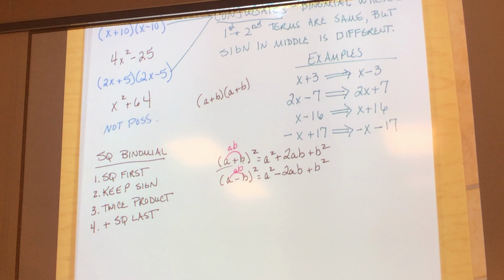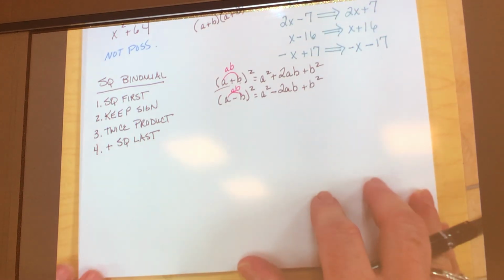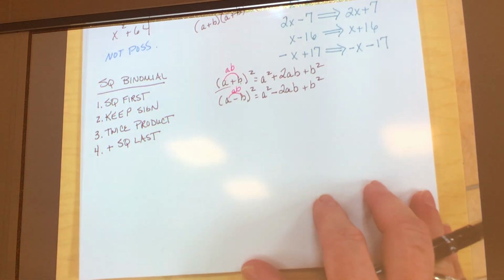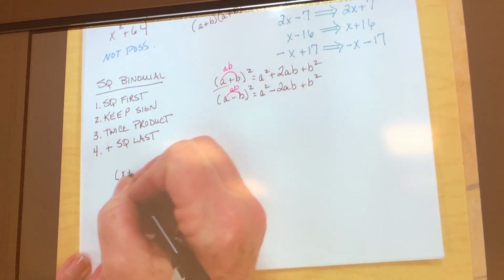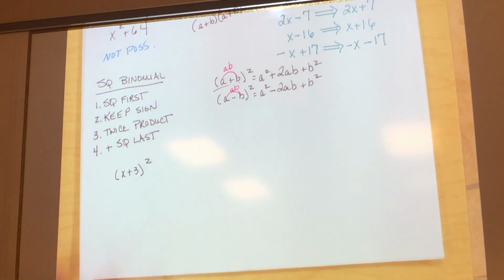Y'all remember doing these? Okay, so let's try about 3 problems. So here's the first problem. X plus 3 quantity squared. I want you to square it. You got 6 seconds.